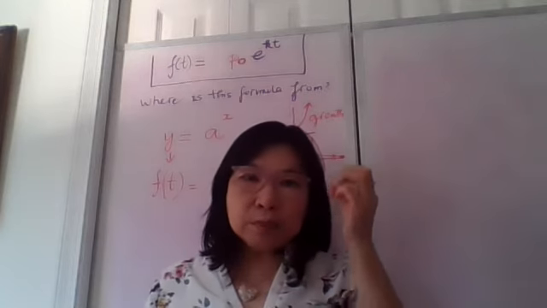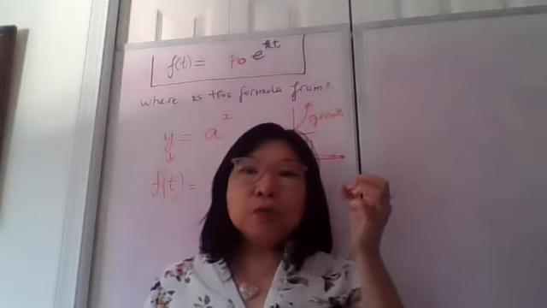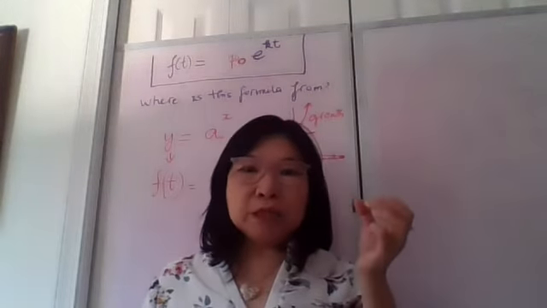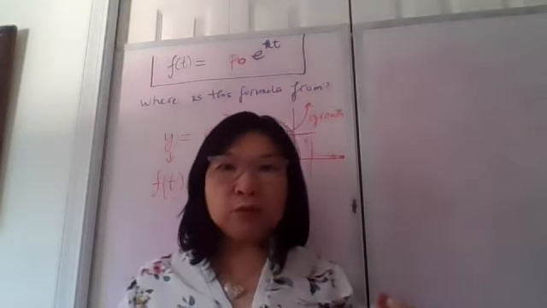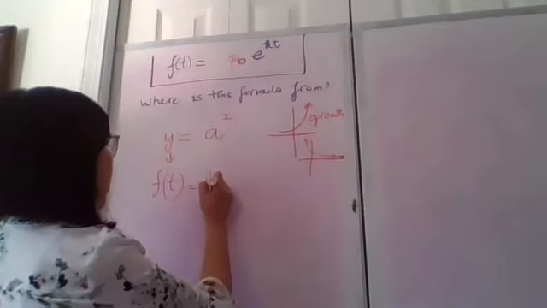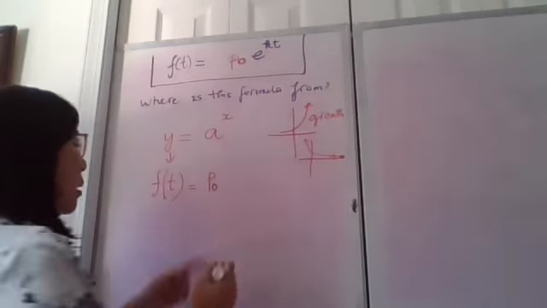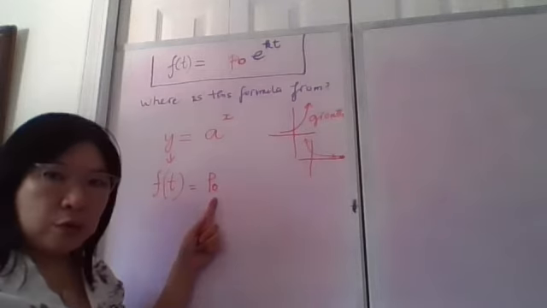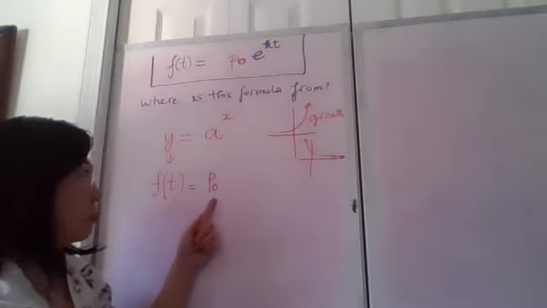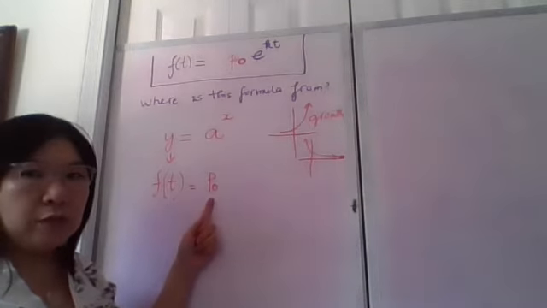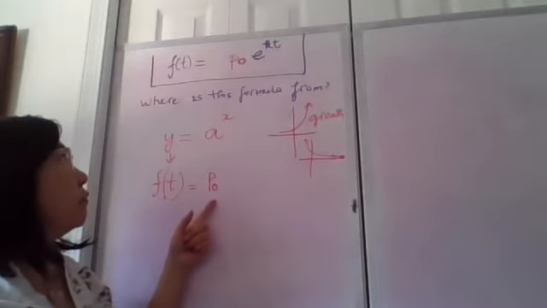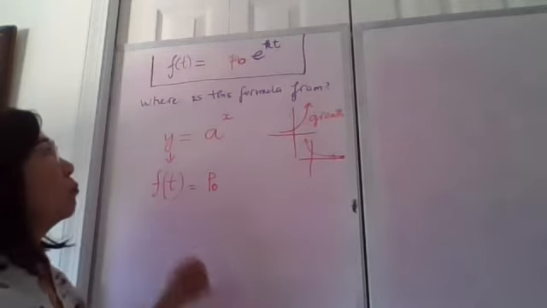So that principal amount we represent by P0 as well, right? So this P0 depends on whatever you want to name it, bacteria growth or money growth or your investment growth, right? Whatever. So this P0 just stands for the original amount.